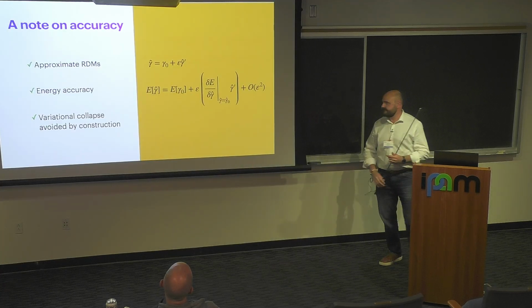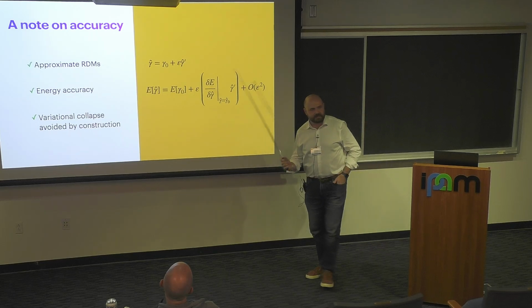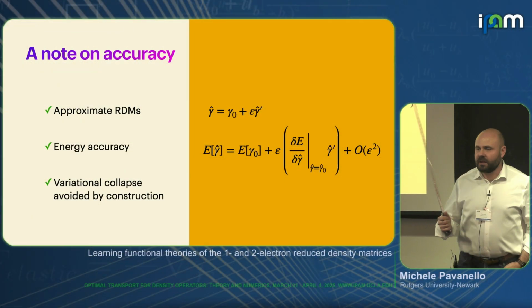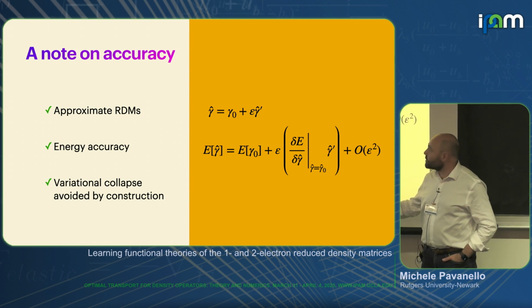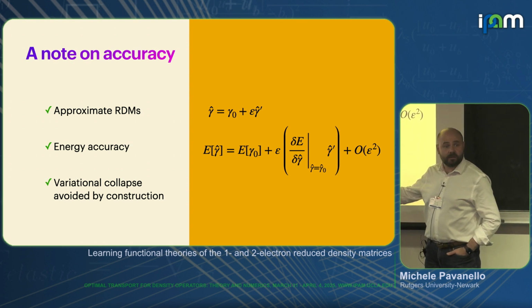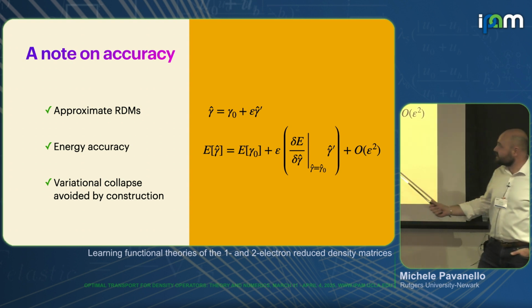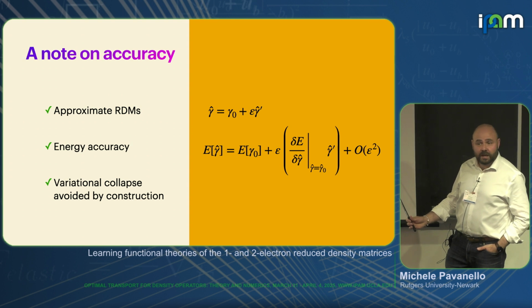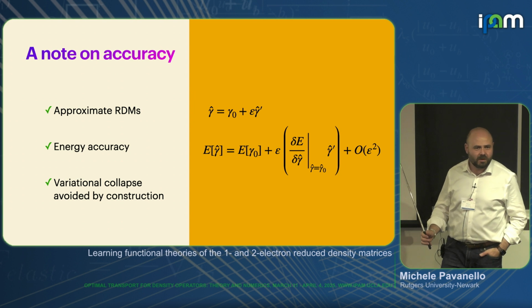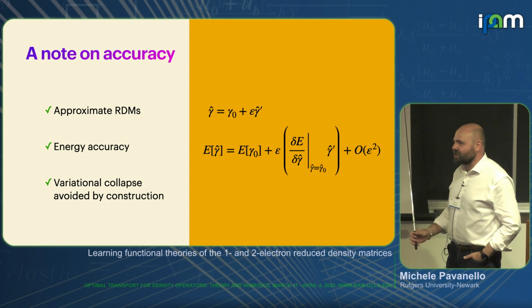Okay, so the point I want to make here is that if you have a certain error, epsilon, in your predicted 1 RDM, your energies will actually be accurate to second order. And this is almost always the case in electronic structure.